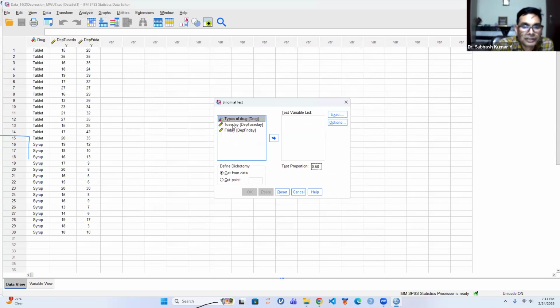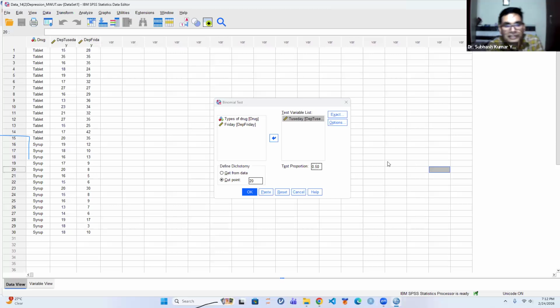Just put the value here, and you have to set the cut point, say 0.5, or the test proportion. We can put the cut point, say 20, because we have taken only a single observation on the single variable.